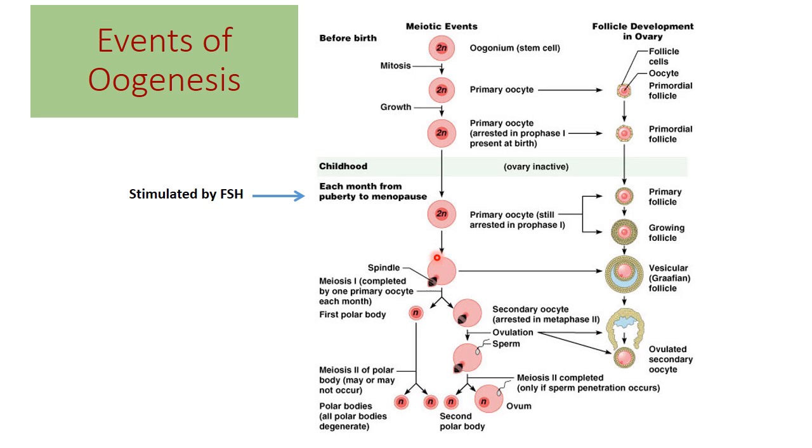sperm fertilizes the egg. So meiosis 2 will then be completed. And also notice that the first polar body may also go through meiosis 2 to create another polar body.